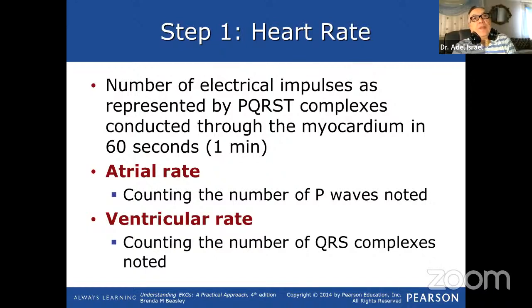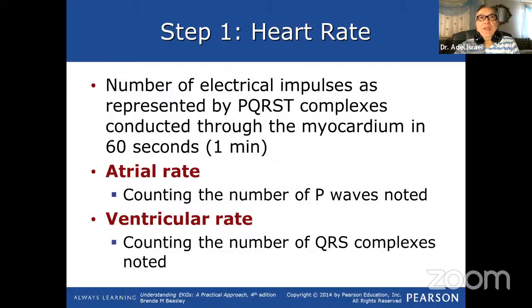So when we start to go into analysis for each step, we mentioned that the normal is 60 to 100, the normal heart rate. And we are going to count the heart rate in 1 minute.